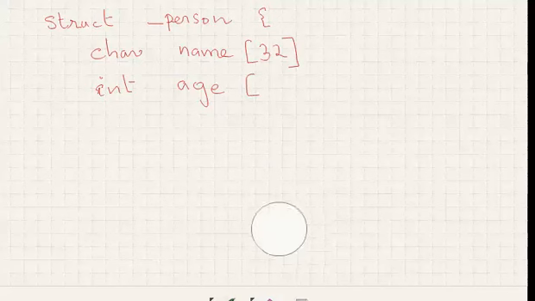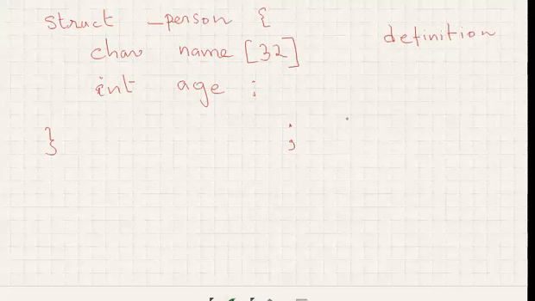Oh, this is not a character. Okay. Oops. Okay. And so this is again a simple definition with no memory allocated. Right? So we have defined 32 bytes for the name plus 4 bytes for the integer. So it is equal to 36 bytes. But as we said, we are not allocating memory yet.